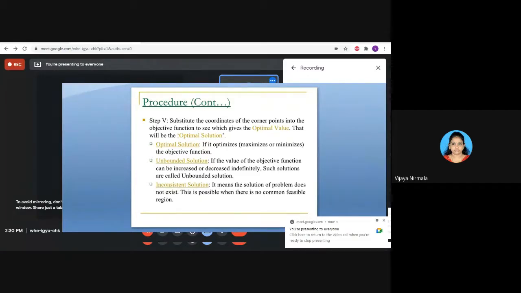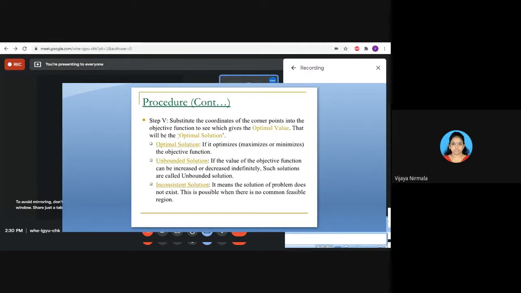Whatever the corner points that you have identified, those need to be substituted in the objective function. Objective function means either maximize z is equal to 2x1 plus 3x2 or minimize z is equal to 4x1 plus 3x2. That we used to write, right? So these x1, x2 values which we have identified need to be substituted in the objective function.